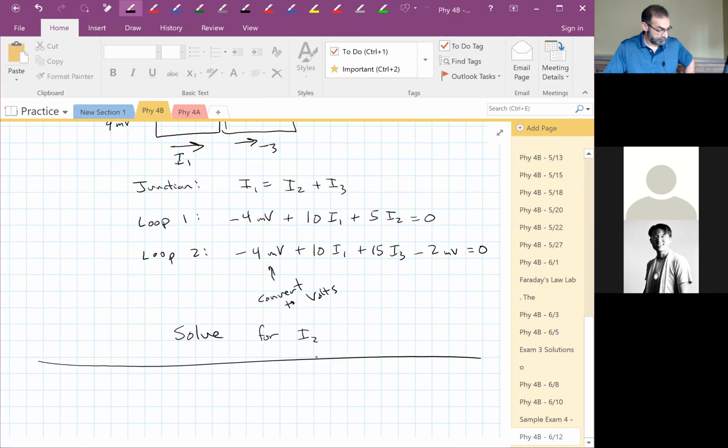Time for one more. Let's do that problem with the current carrying wire generating the magnetic field in our loop. So our magnetic field changes over the area, but let's have the current change in time.